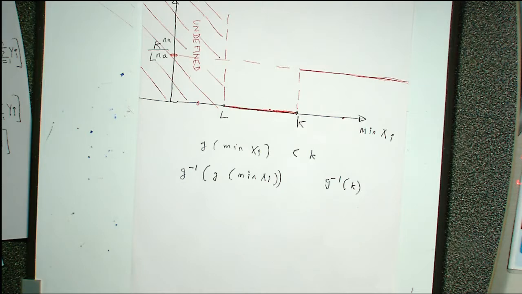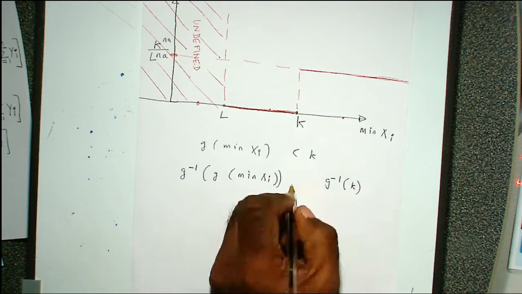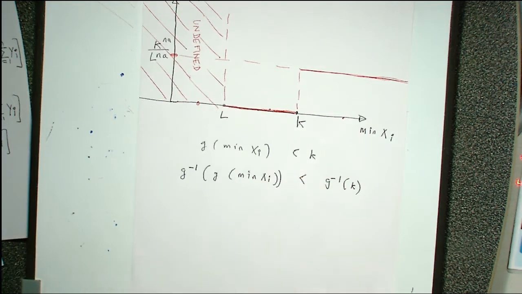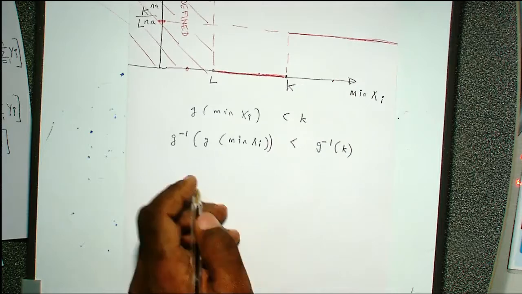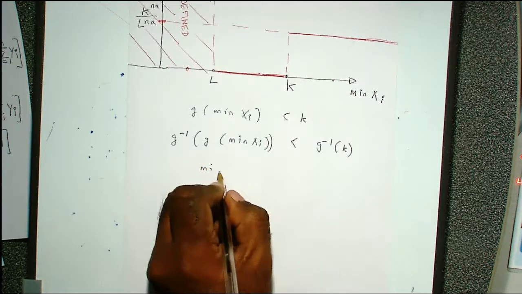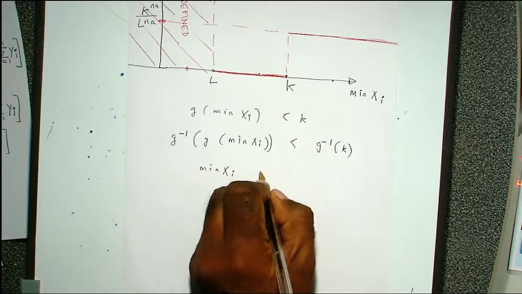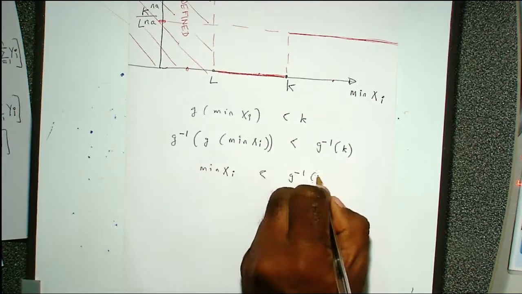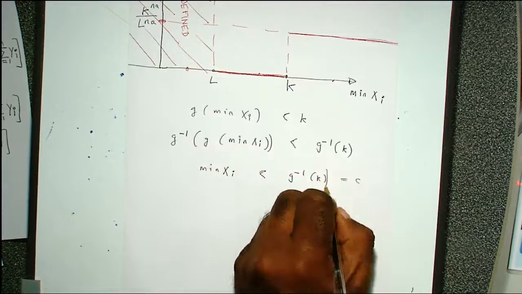So you take the inverse functions on both sides, assuming that the inverse function exists. The less than will remain the less than, because g is a stepwise increasing function. So this will become the min of xi is less than g inverse of k, and I call this c. You can call this whatever name you like.